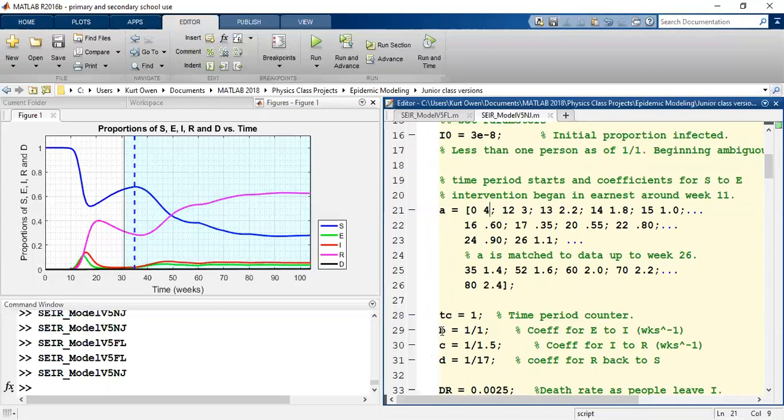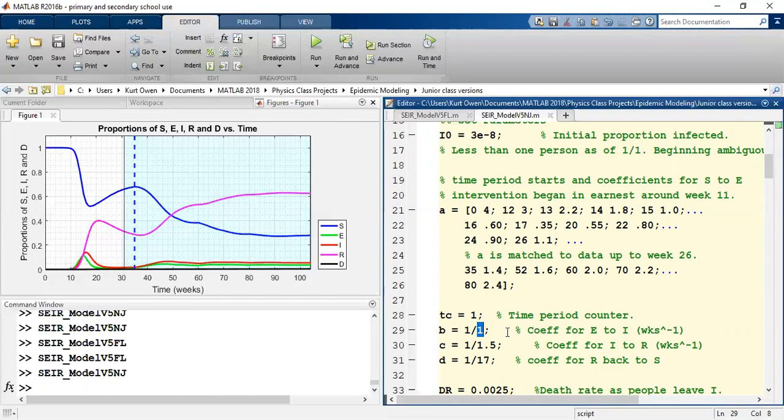Okay. The second thing I did change though is that I made B go to 1, instead of having it be 0.5 as it was before. It seemed like our model was laggy. And when we look at the data, what it seems to be is that when somebody gets exposed, usually this 1 in the denominator means 1 per 1 week.